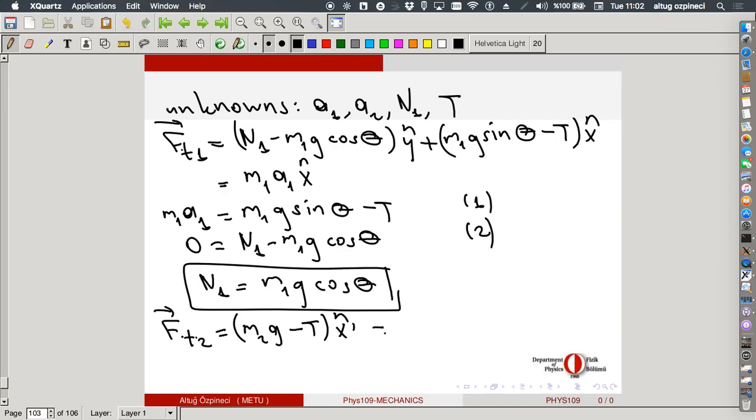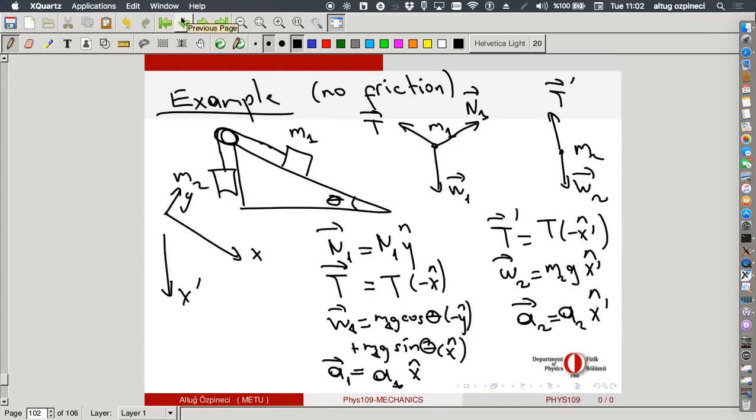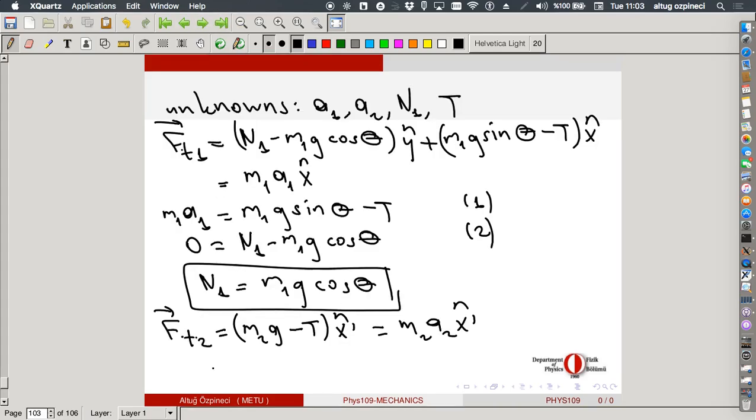And again, Newton's second law tells me that this should be equal to m2a2 in the x prime hat direction, because the acceleration of the second mass, we know that it's in the vertical direction, and we had defined it like this. So this tells me that m2g minus t should be equal to m2a2. This is our third equation for the 4 unknowns.